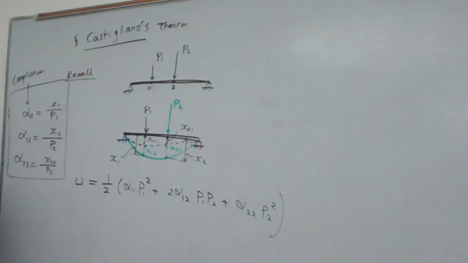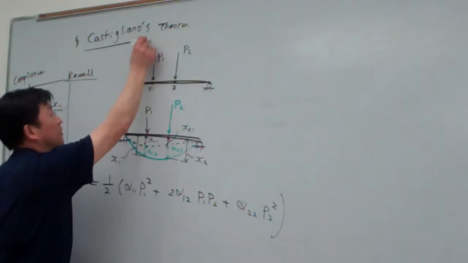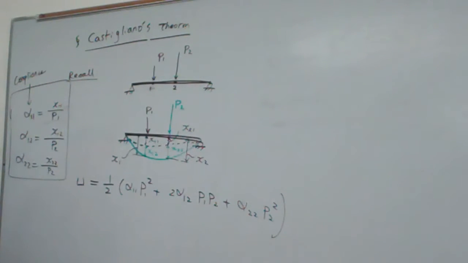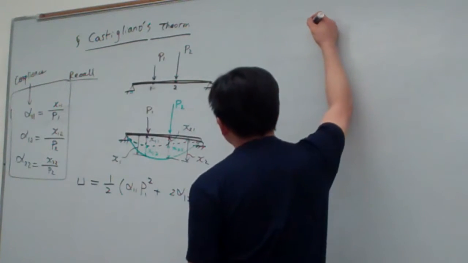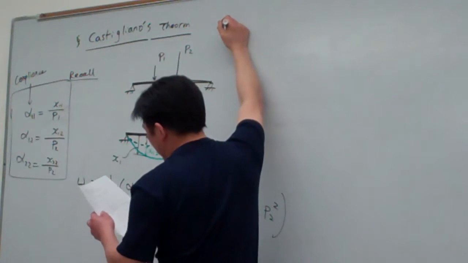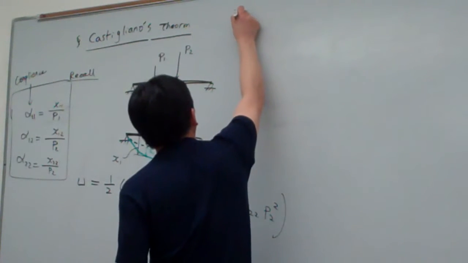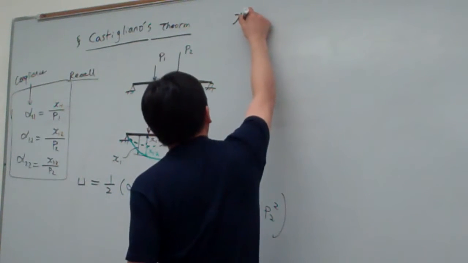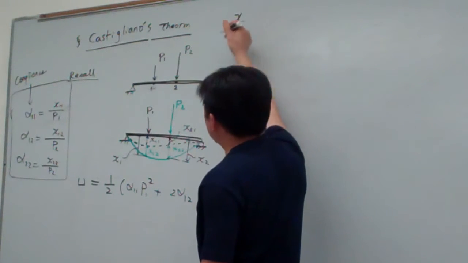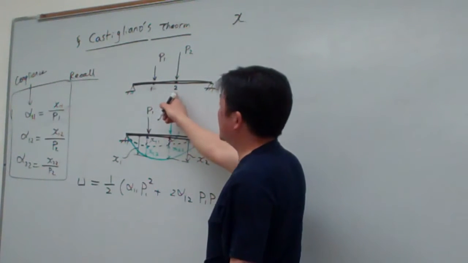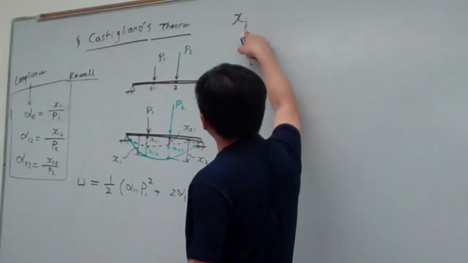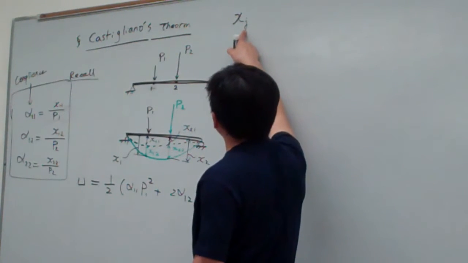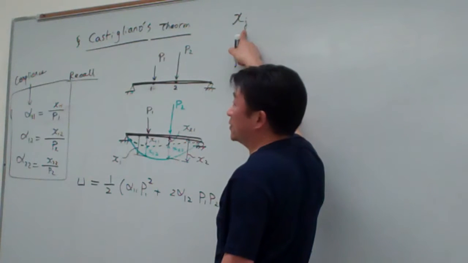And now, furthermore, I have one more step, and actually this is an important step. This theorem mentions that the displacement at any position, and here we have two locations where the loading applies, the deflection at either place j equal to 1 or 2, indicating the location where the loading applies.